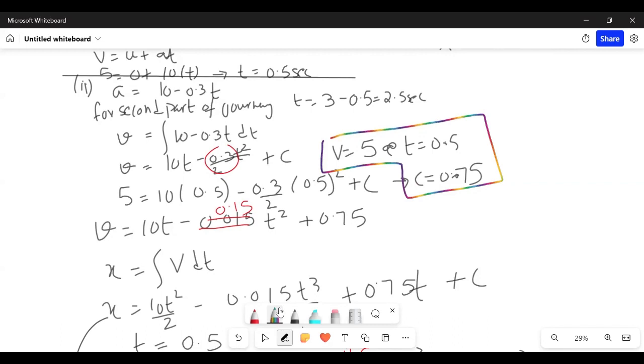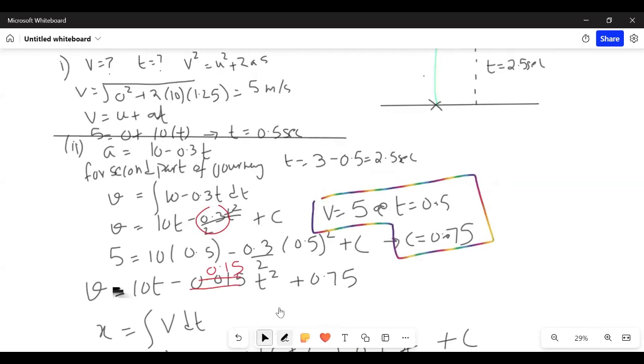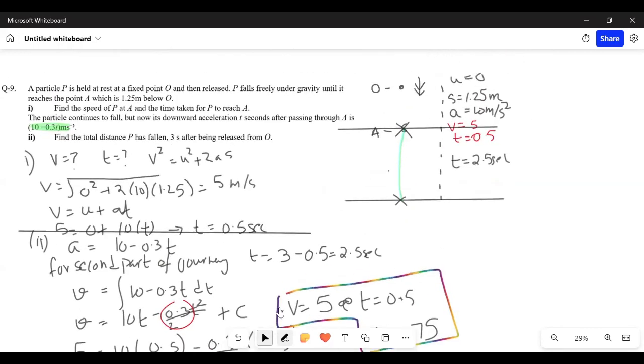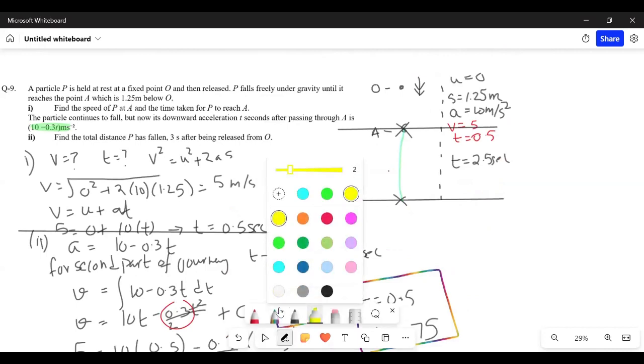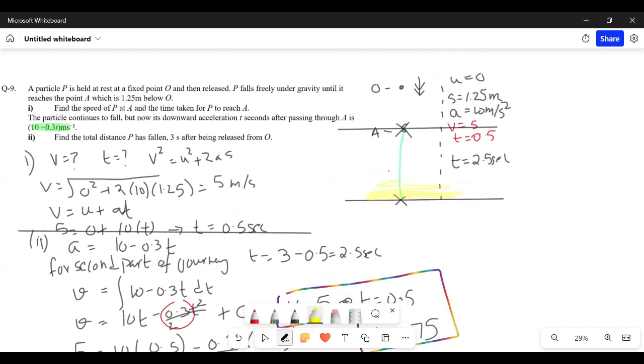अच्छा, नहीं, इससे आंसर नहीं आ रहा। The mistake I made is कि जब हम इस पार्ट को देखेंगे, सेकंड पार्ट ऑफ द जर्नी को यहाँ से लेकर यहाँ तक, सो इधर आप कहोगे कि टाइम 0 से स्टार्ट हुआ है। Time here will start at 0 and it's a 2.5 seconds time lapse, so it's going to be t equals 2.5 at the bottom.